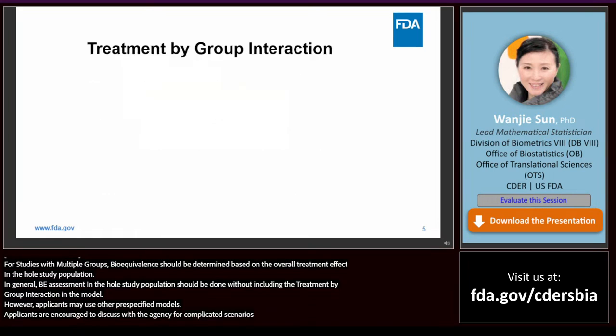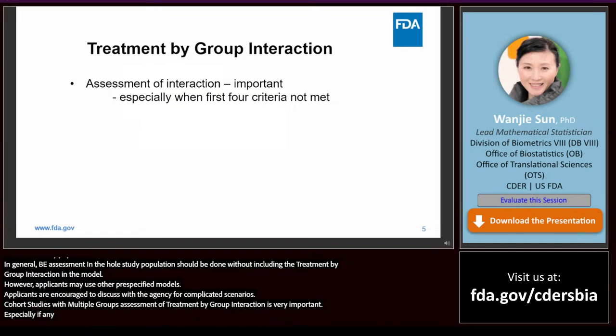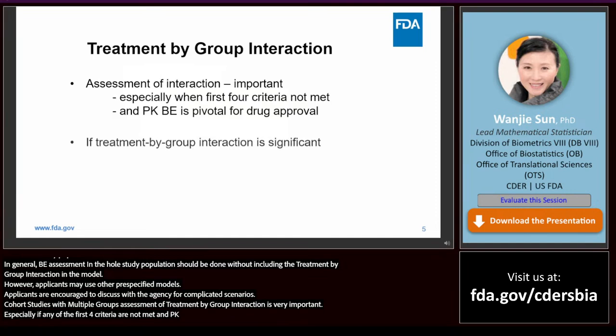For studies with multiple groups, the assessment of the treatment by group interaction is very important, especially if any of the first 4 study design criteria previously recommended are not met, and PK bioequivalence data are considered pivotal information for drug approval.